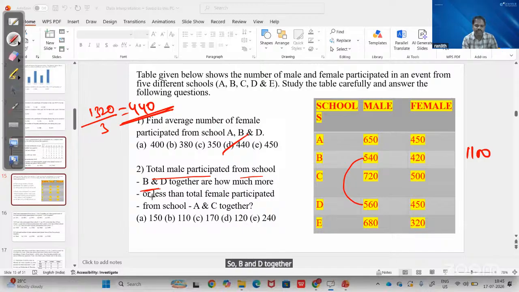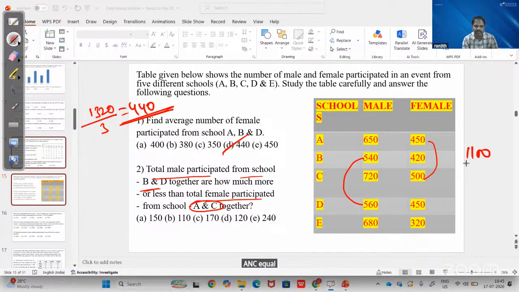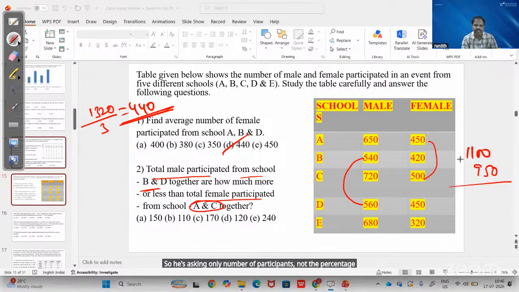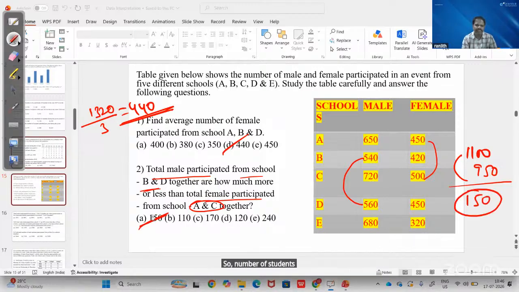How much more or less is that than the total females who participated from A and C? A and C is 950. He's asking only for the number of participants, not the percentage. So the difference of these two is 150. So the number of students is 150.